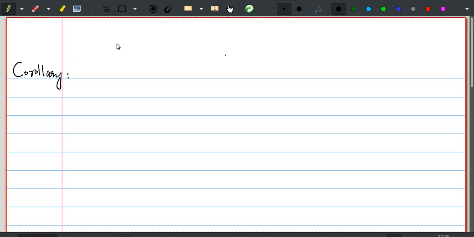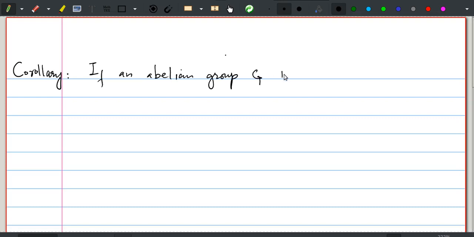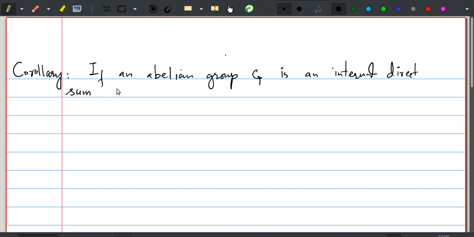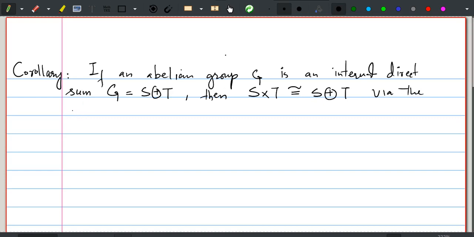So, if an abelian group G is an internal direct sum of S and T, then the Cartesian product of S and T is isomorphic to their internal direct sum via the map that takes an element (s, t) to their sum s plus t.